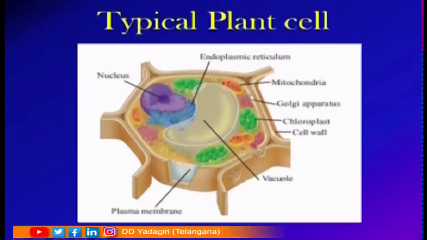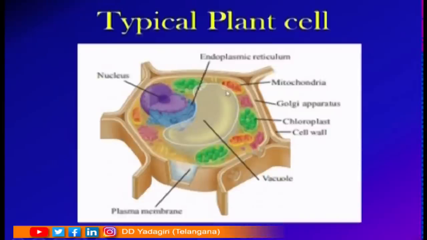This cell membrane is selectively permeable. That means it allows substances to go in and out only after selection. That is why it is called a selectively permeable membrane. You can also notice here the green color structures called chloroplasts.